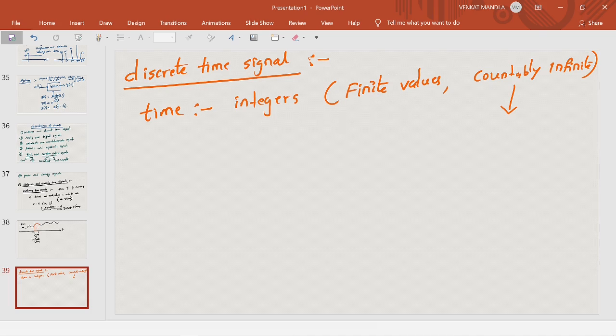For example, this is the time axis, which we will represent in terms of n, because n is an integer.